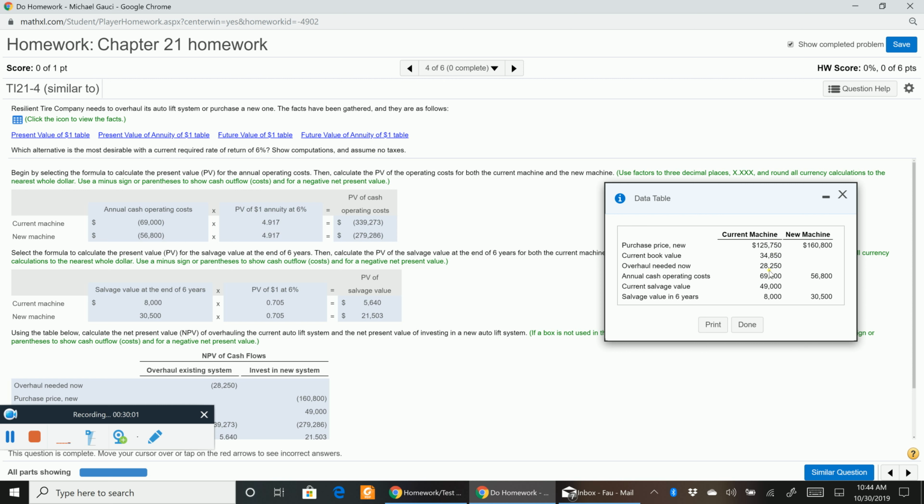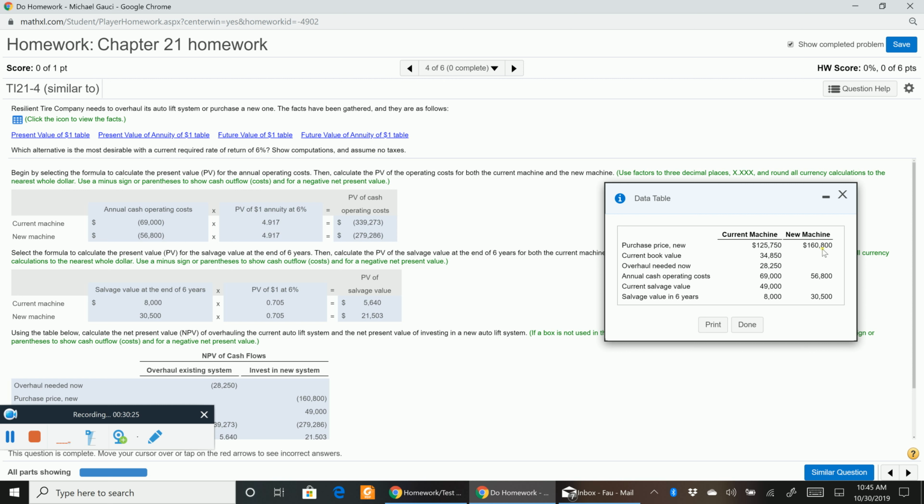But if I stayed with the current machine, I would still need to pay $28,250 to overhaul it. If I do so, my cash operating costs are $69,000 a year. If I flat out bought a new machine today, instead of paying $28,250 today, I'd have to pay $160,800.